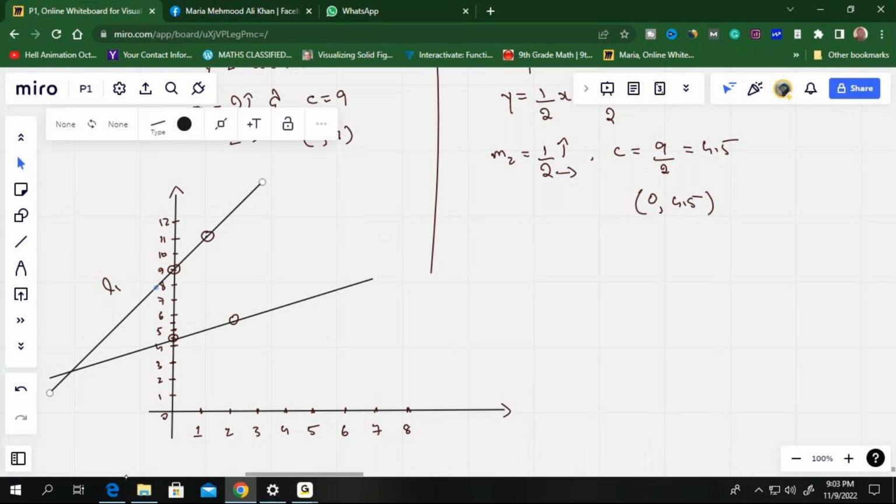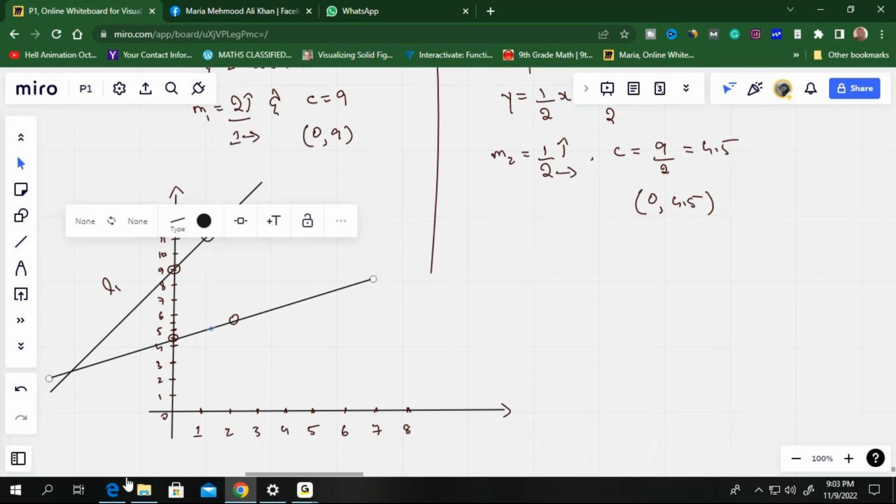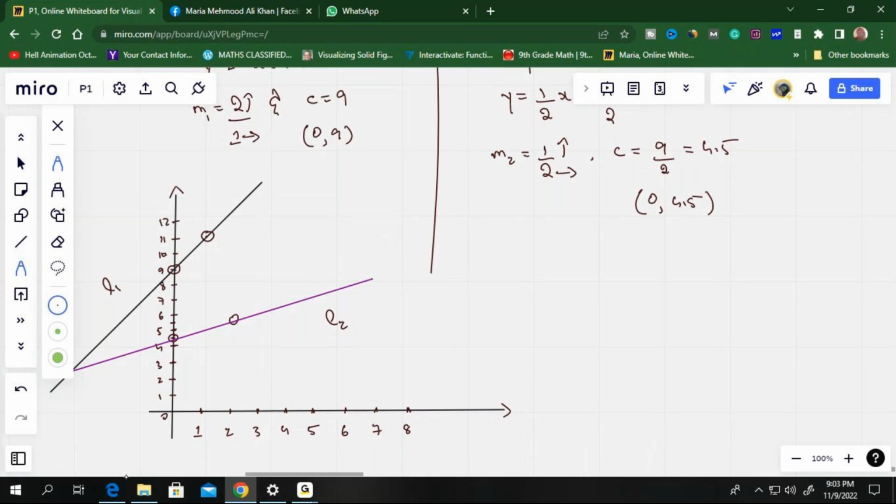I can change the color of one of my lines just to make a segregation, and this is your L2. So these are the 2 lines, and you can see if I just try to sketch like this, I'm going to get my parallelogram. That's the story going on actually.